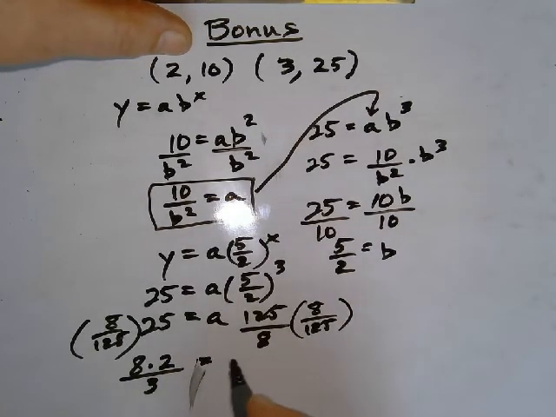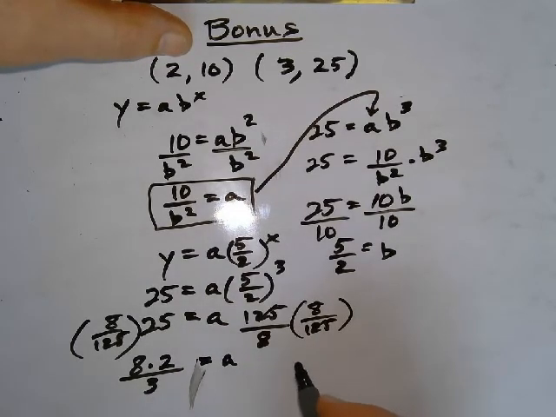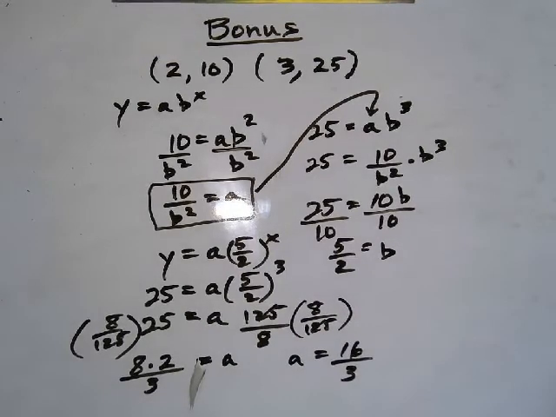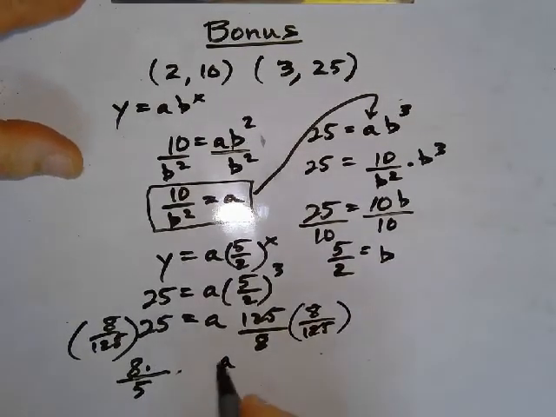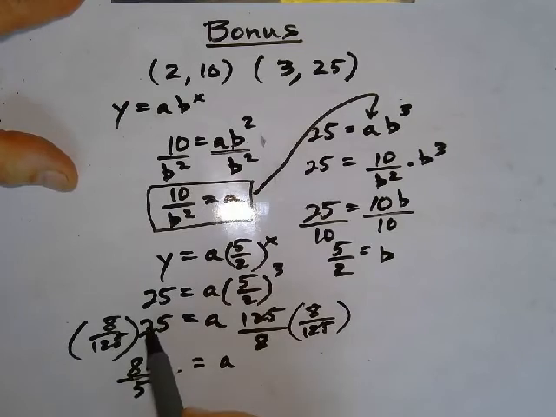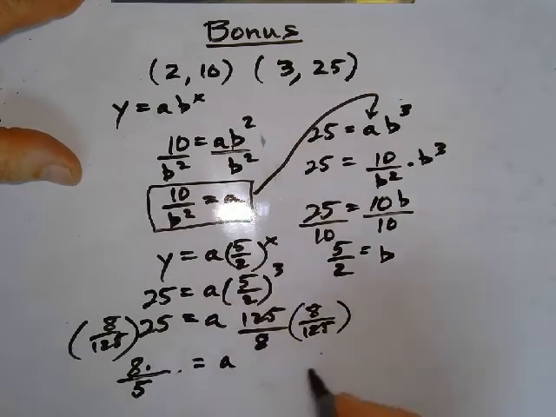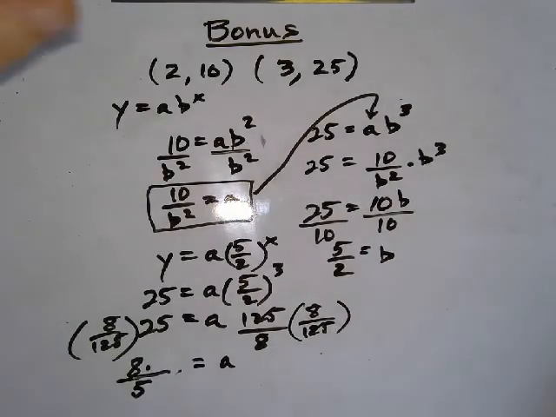So A is equal to 16/3. I just paused it and realized that I had done the arithmetic wrong here. This should have been 8 over 5, not 16/3. So there we go. Now we know A is 8/5.